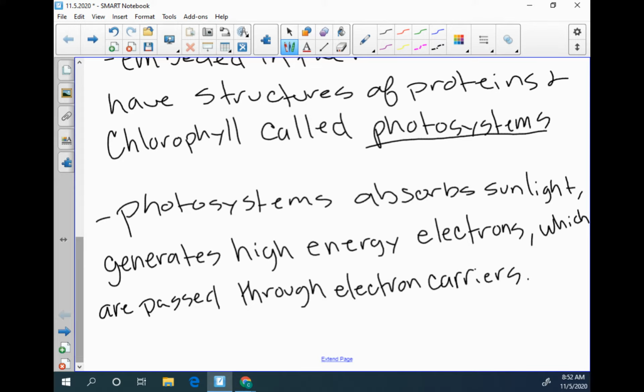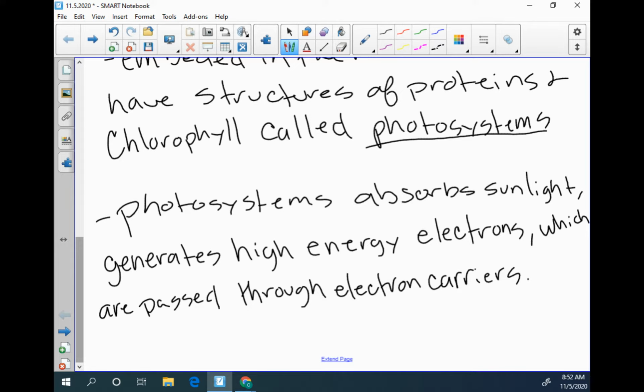So the photosystems, what they do is they have all these chlorophylls and all these proteins, and the sunlight hits those chlorophylls, and then those electrons are excited and they pass those electrons to these electron carriers. So that is what a photosystem does.